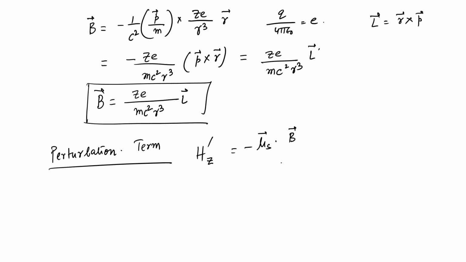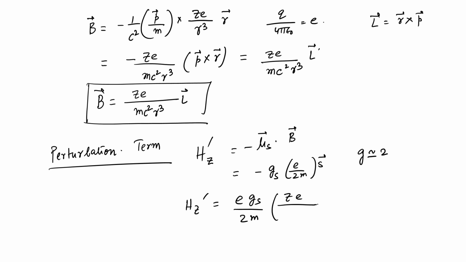So, it is mu S dot B, and we have discussed just a while back that this is minus G S E over 2 m and S vector, and G is almost equal to 2, and this is called the Landé factor. We can use this H Z prime to be equal to E G S over 2 m and Z E over m c square R cube and S dot L.